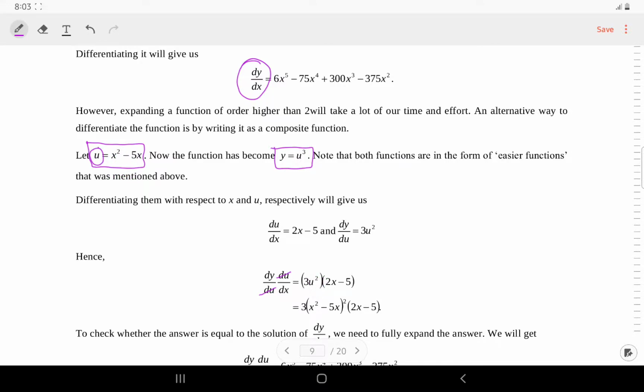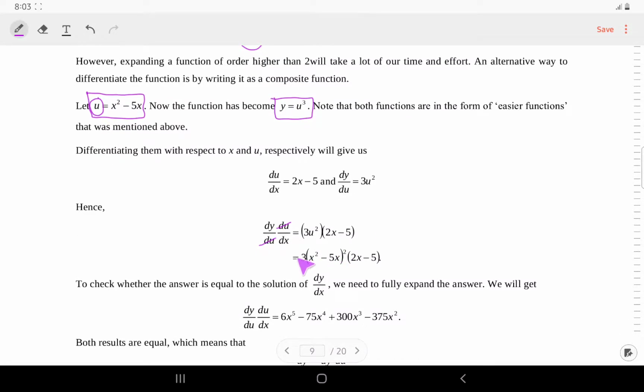Our u is x squared minus 5x, so we will get 3 times x squared minus 5x, all squared, here. And then multiply with 2x minus 5. So this is the answer for dy over dx.